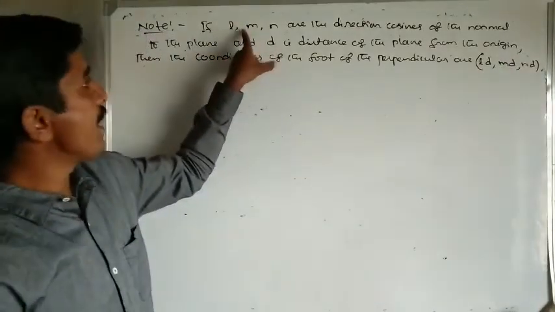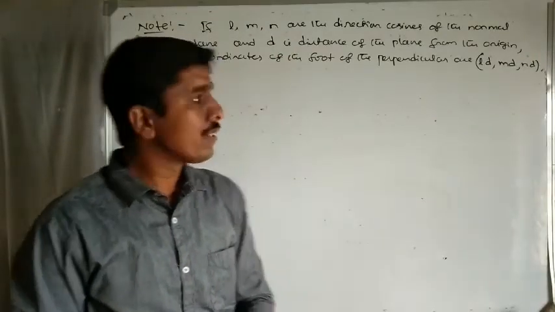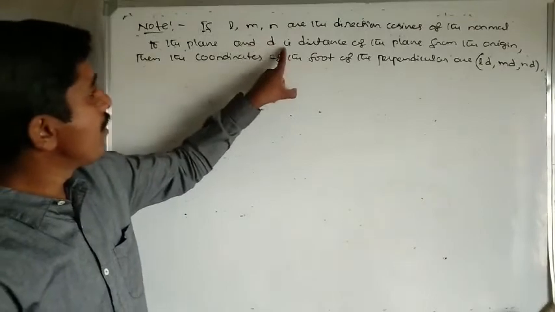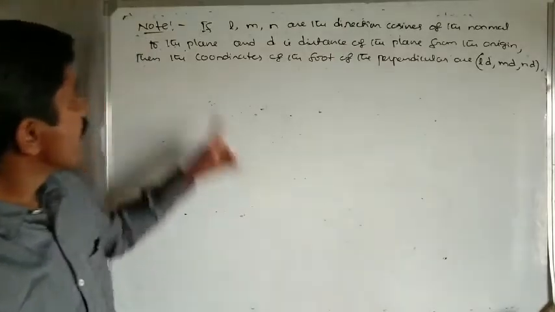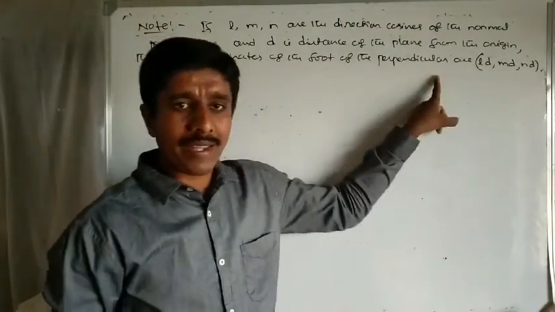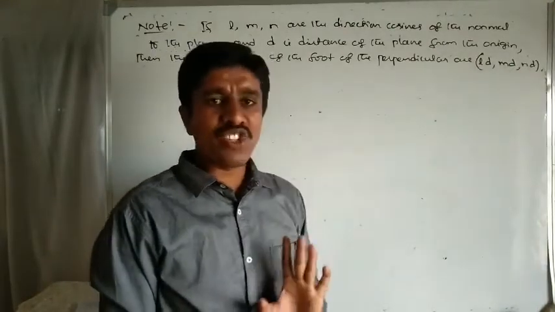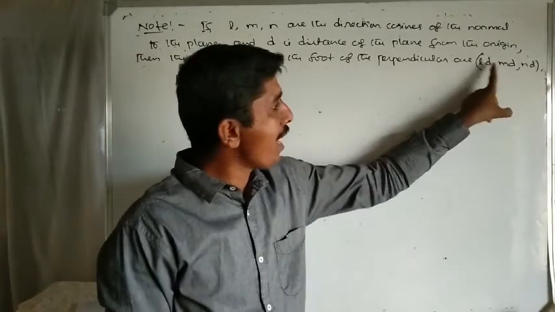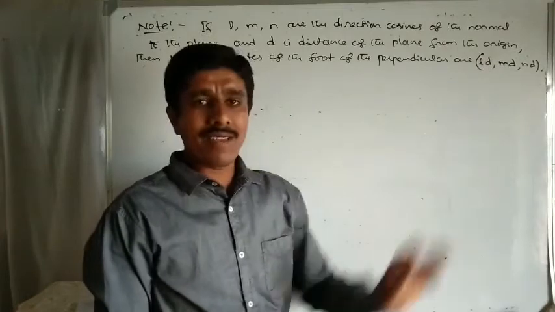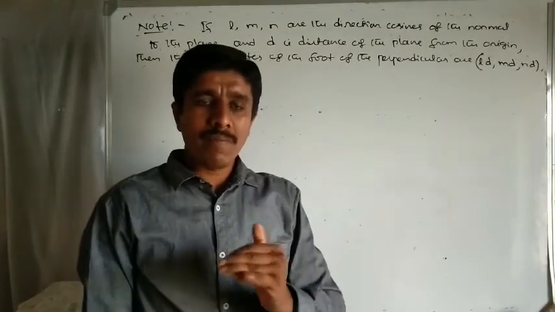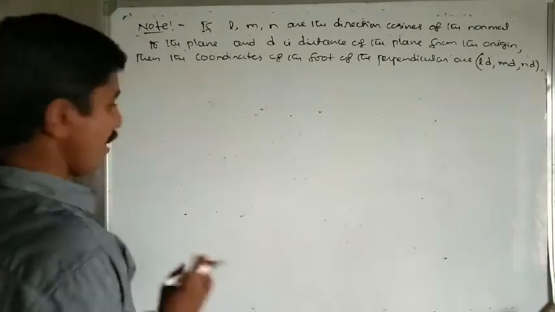Mind it: l, m, n are the direction cosines of the normal to the plane, and d is the distance of the plane from the origin. Shortcut method here. What does d mean? It is the perpendicular distance from the plane to the origin. Got it. Now go to the problem.